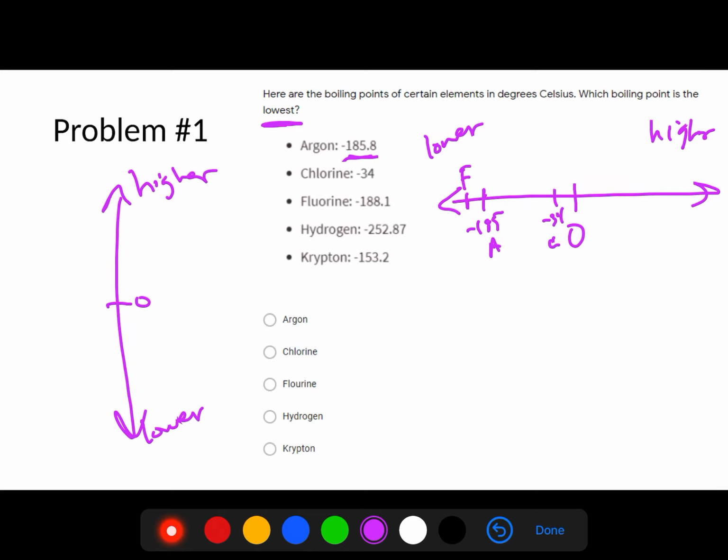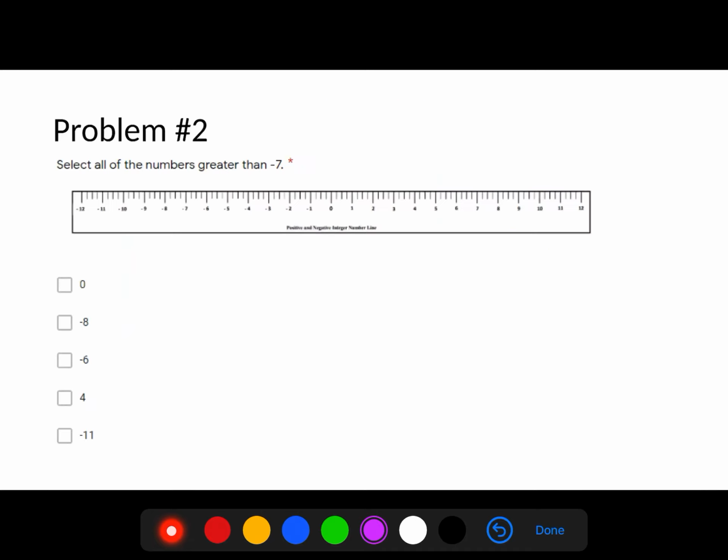Hydrogen, negative 252, that's even smaller, somewhere over here. And then krypton is negative 153, so somewhere around here. So which one's furthest to the left? That would be the lowest point. That would be hydrogen. So you would select hydrogen as your lowest boiling point.